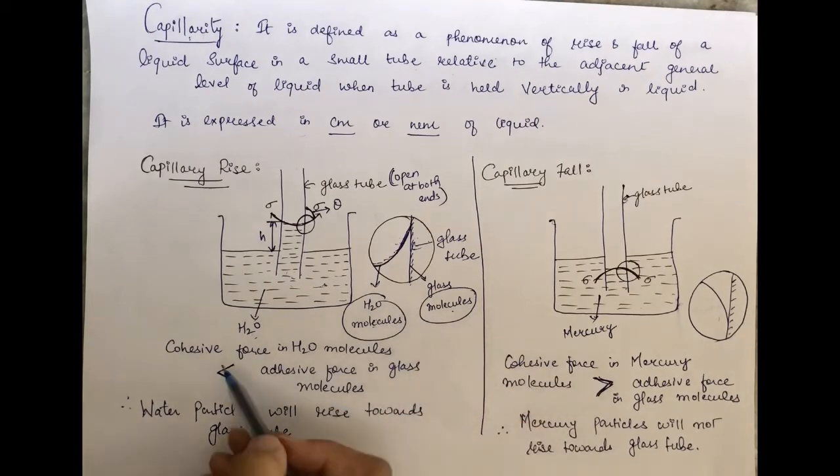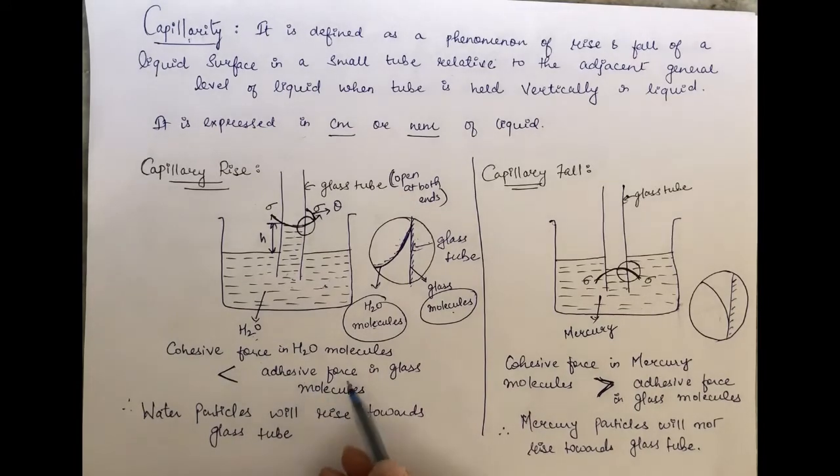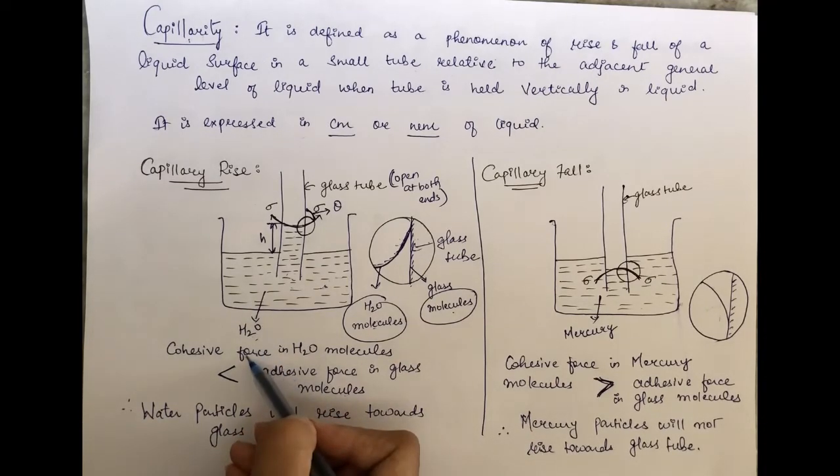Here the cohesive force in the H2O molecules is less than the adhesive force of the glass molecules. The glass has more adhesive force as compared to the cohesive force of the H2O molecules.